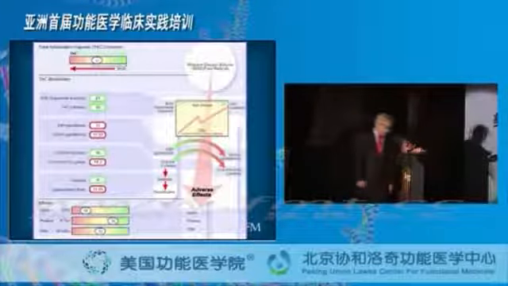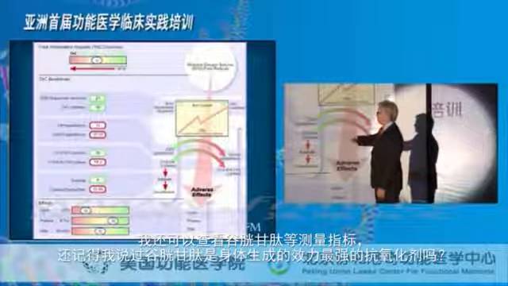So this is a picture of a laboratory report which looks at the top at the total antioxidant capacity. That's a way to simply be able to measure how much oxidative stress is going on inside the body at this point in time. I can also look at measures like glutathione here.